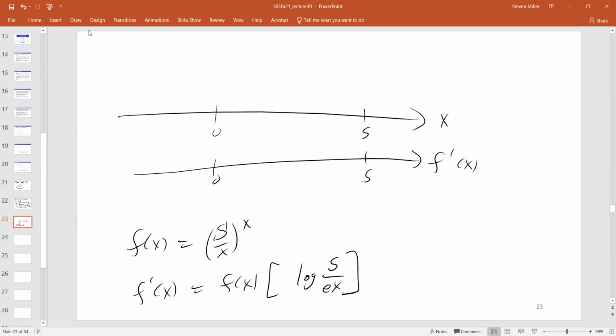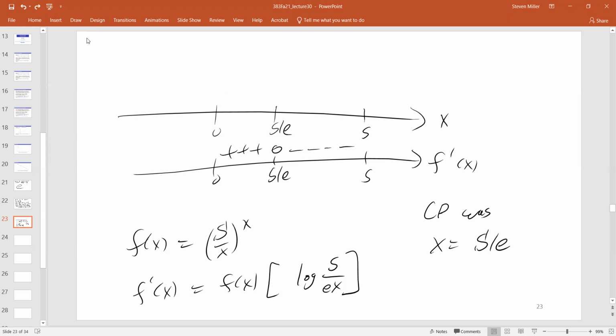And we saw that the critical point was when x equaled s over e. So what is the derivative at s over e? It's 0. If x is greater than s over e, what can you tell me about its derivative? It's negative. If x is less than s over e, what is true of the derivative? Positive.